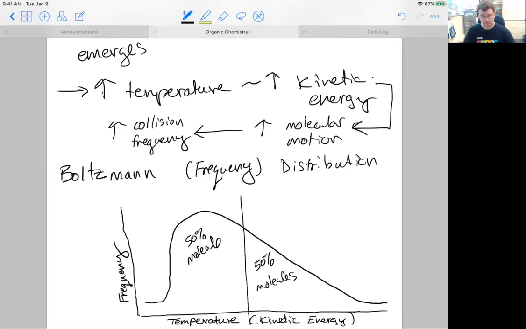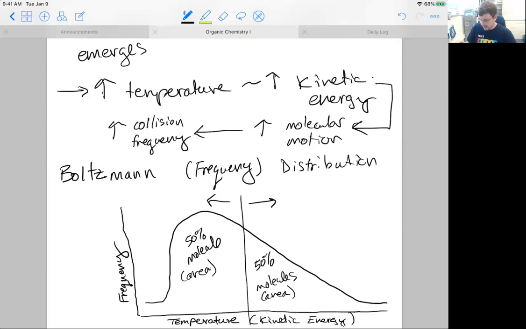So 50% of the molecules have a population to the left of this number, and 50% have a population to the right of that number. That's an important line to kind of know what that means. It's not important exactly where it is. It's a little bit to the right of the hump based on how this is skewed, but 50% of the molecules are to the left and 50% are to the right. And specifically, the mathematics would use an integral to show that the area under the curve is equal on either half of this distribution.